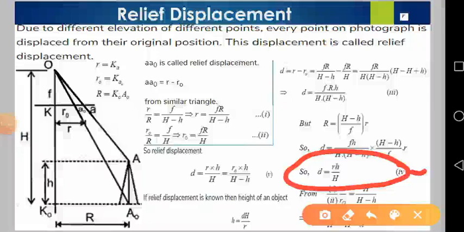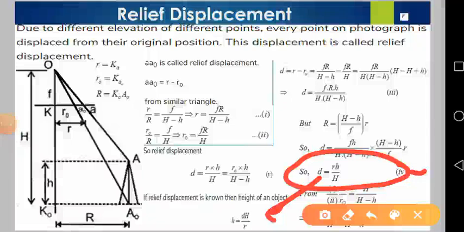If you rewrite this expression, h is equal to D into capital H divided by small r. That is the expression that can be used to determine the height of the tower or any object.